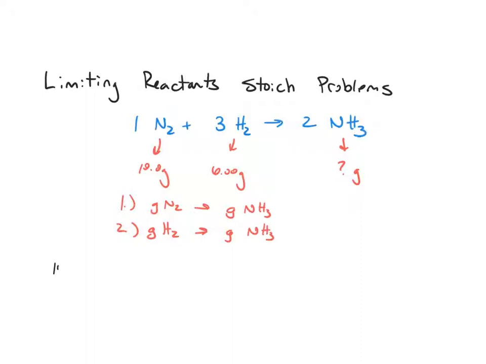So I'm going to start with 10.0 grams of N2, and we've done a number of these already, so this can go fairly quickly. You're going to go from grams of N2 to moles of N2. So the molar mass of N2 is 28.02 grams of N2 for every 1 mole.